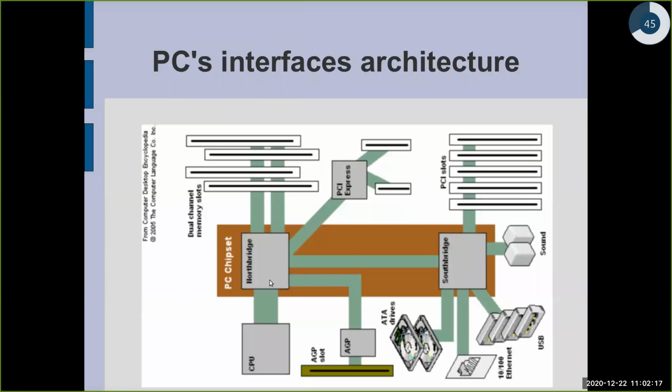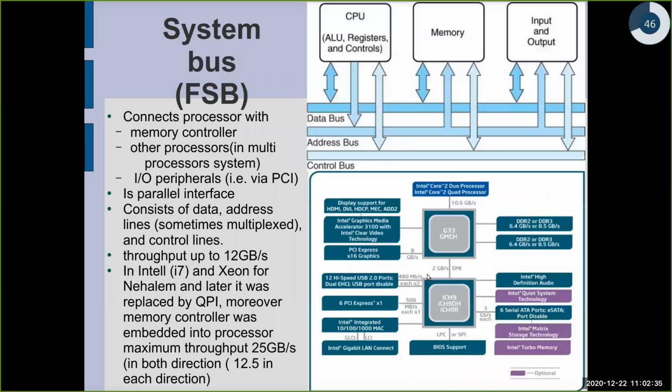The North bridge was also connected to something which is called the South bridge. The South bridge governed the interfaces or devices of lower speed. When the processor requests some data from memory or from the hard drive, the South and North bridge governed this process.